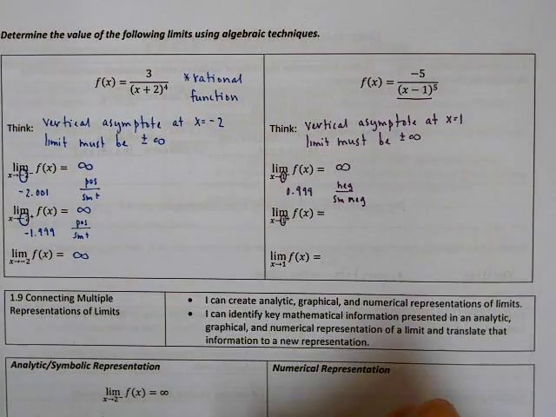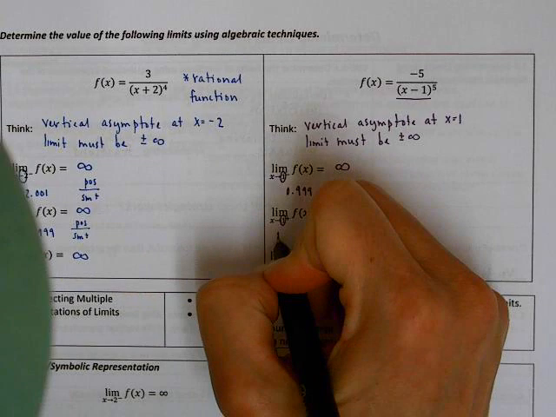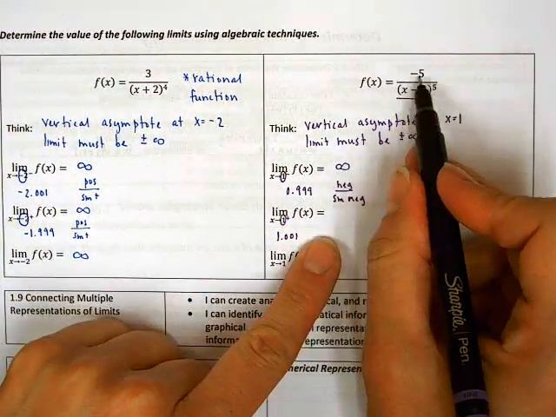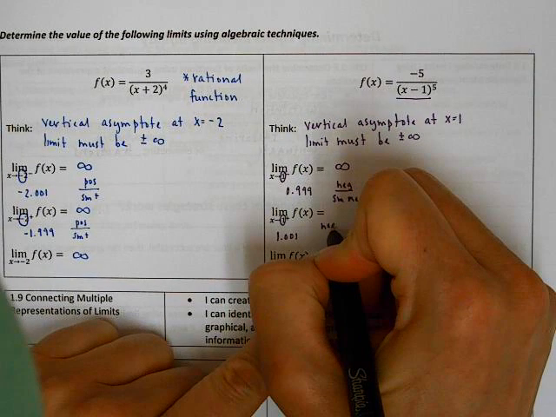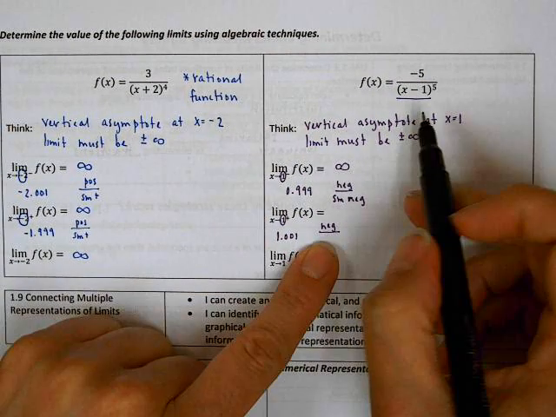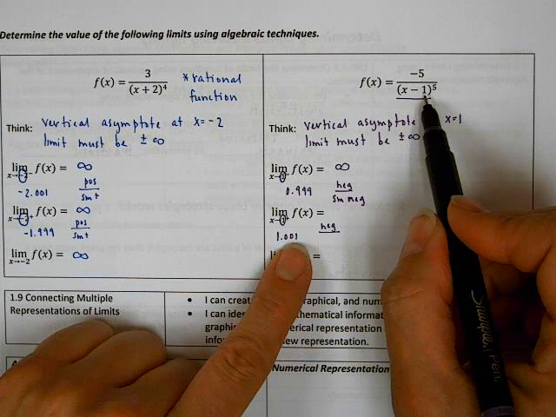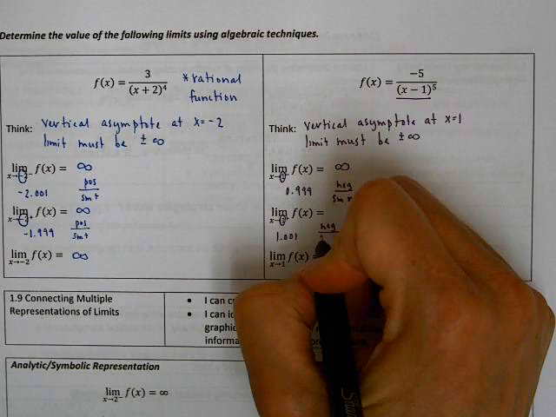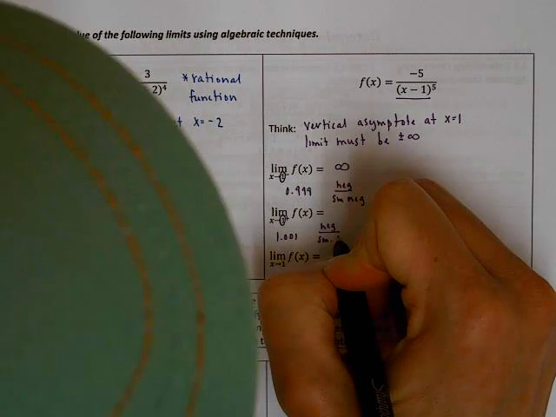Now, 1 from the right is going to be something like 1.001. So when I look here, negative on top, on the bottom, 1.001 minus 1 is going to be a positive number. When I raise that to the 5th, it's still going to be a positive number.